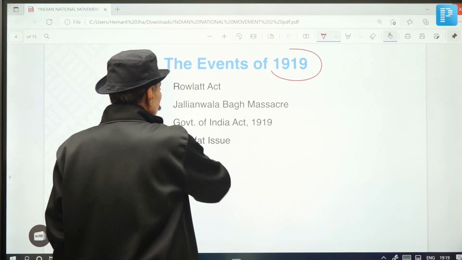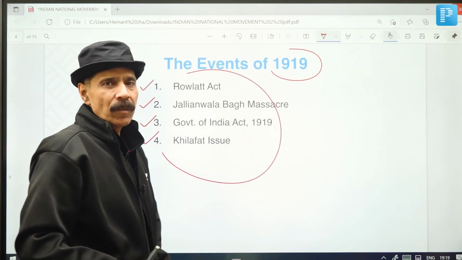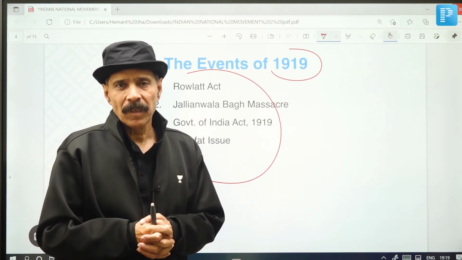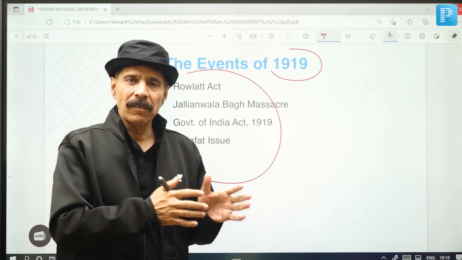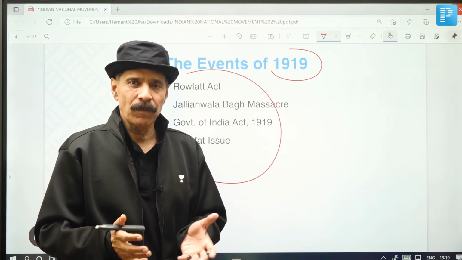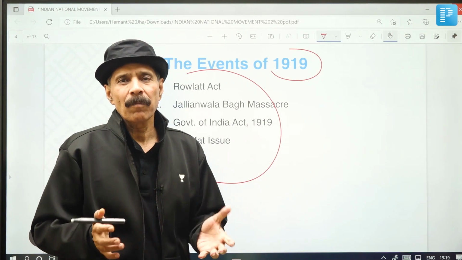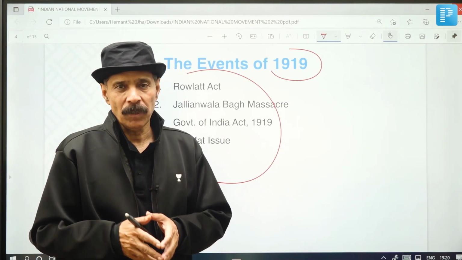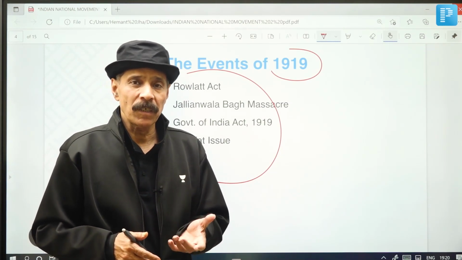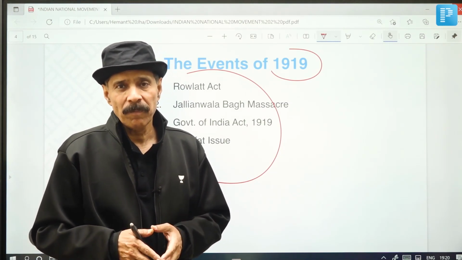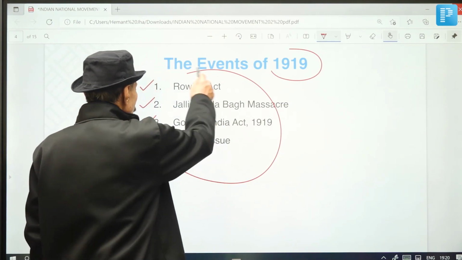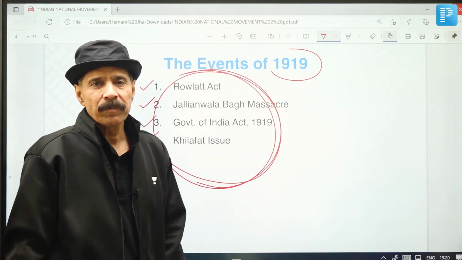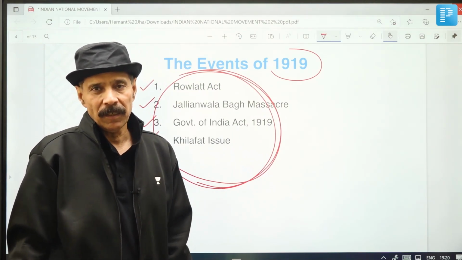All these four caused widespread discontent among the people and the leaders, and they created ground for the rise of mass movement. This mass movement began in 1920 in the form of Khilafat movement and non-cooperation movement. So these four together can be considered as the major causes of the Khilafat non-cooperation movement in 1920.